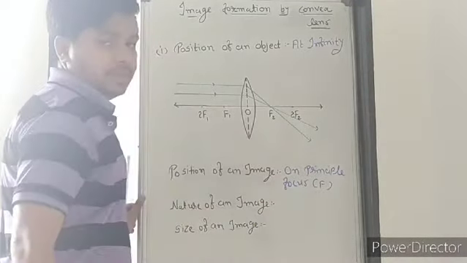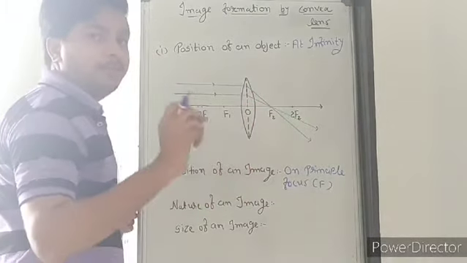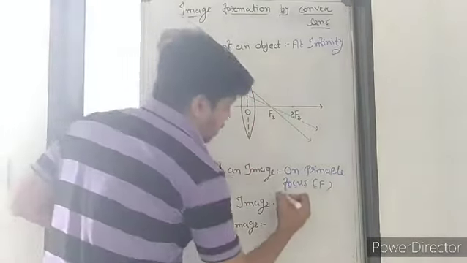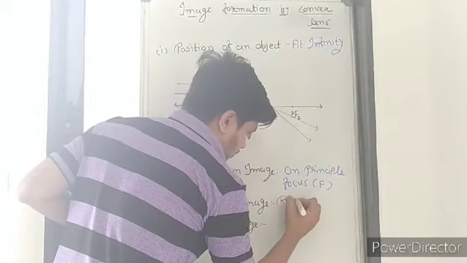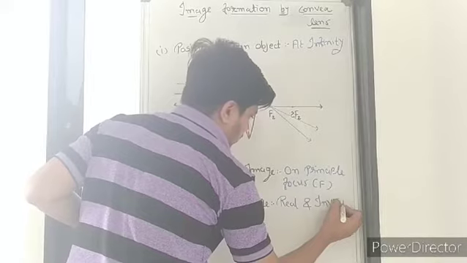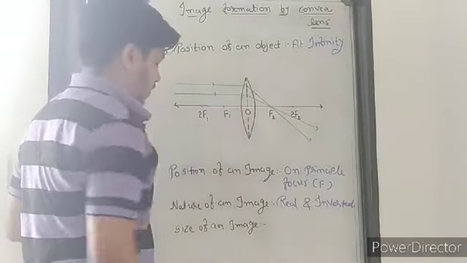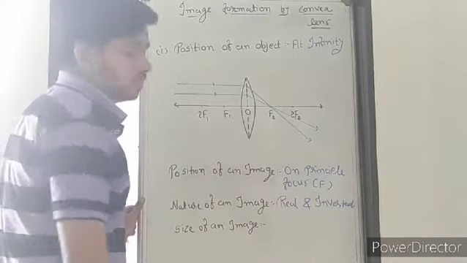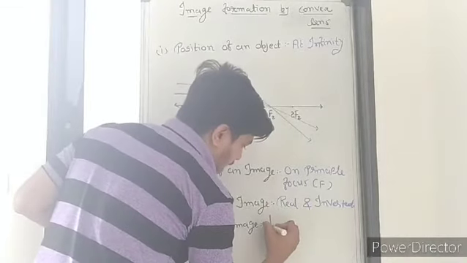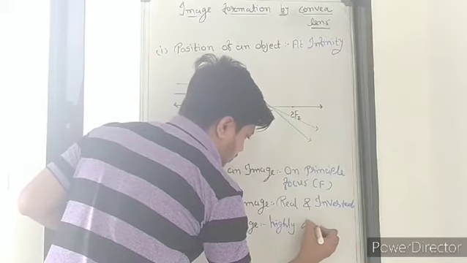What is the nature of the image? As you can see here, due to refraction, these rays actually meet. So the image is real and inverted. A real image is always inverted. And what is the size of the image?